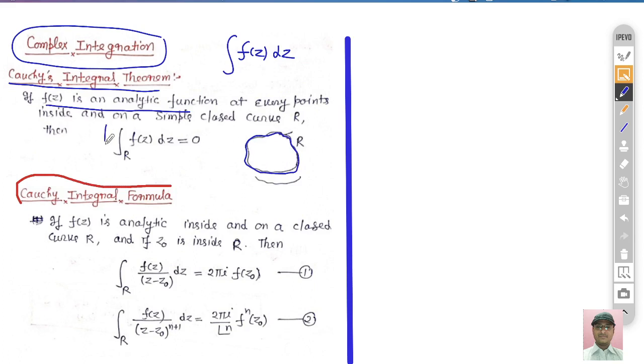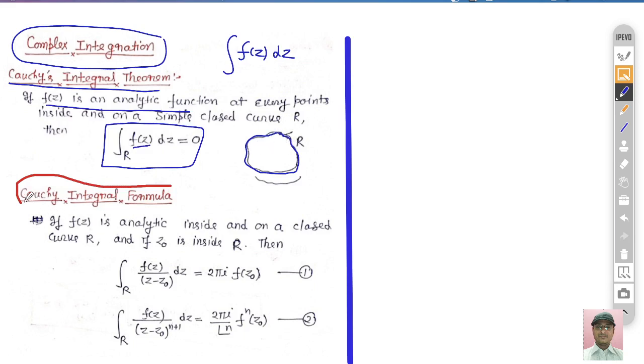Then you can directly write that the integration over this region R of f(z) dz is basically 0, if it is analytic at every point of this region. Second, if the function f(z) is given, you can directly put this value, the integration of f(z) dz is equal to 0, if this function f(z) is analytic everywhere inside this domain, right?